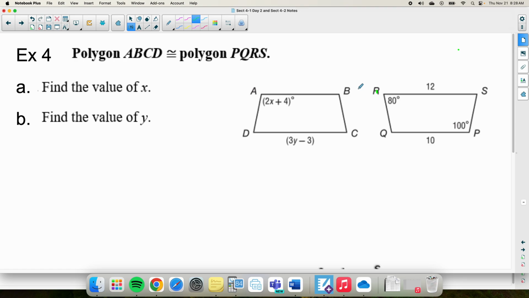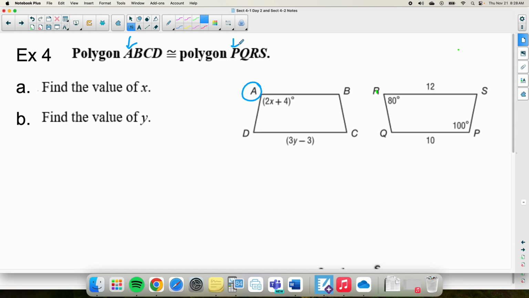So you can't just say like A and R are the same. When you try to decide which ones are the same, you look up here, okay, the order of those letters. So if I'm looking for angle A so that I could solve for this, A is first, so do you guys get that would equal P?